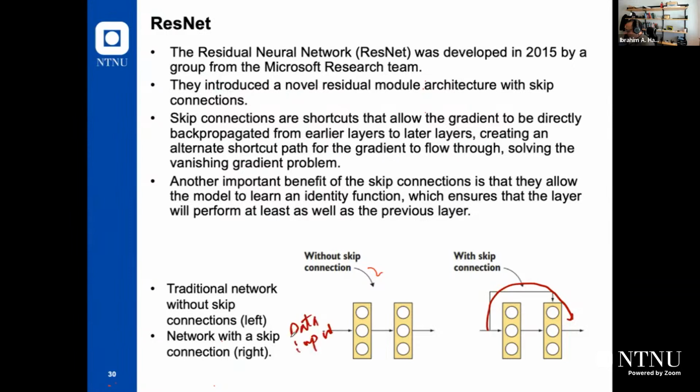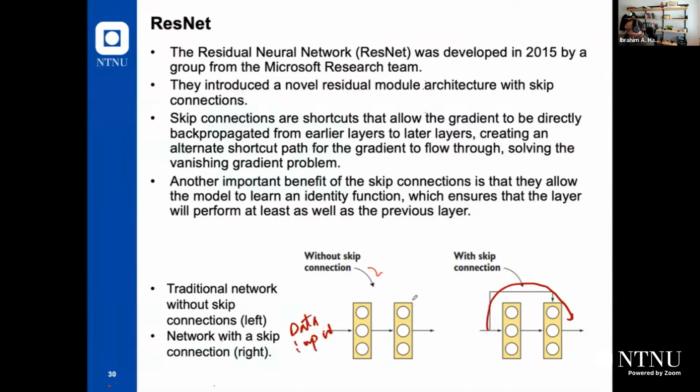So it will try to propagate the gradient directly from earlier layers to later layers, creating an alternative shortcut path for the gradient to flow through, solving the vanishing gradient problem. It's a way of improving learning by minimizing the vanishing gradient problem.